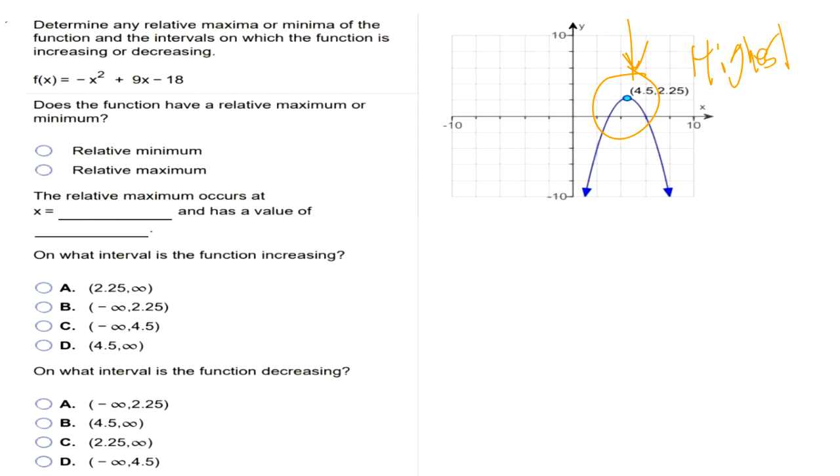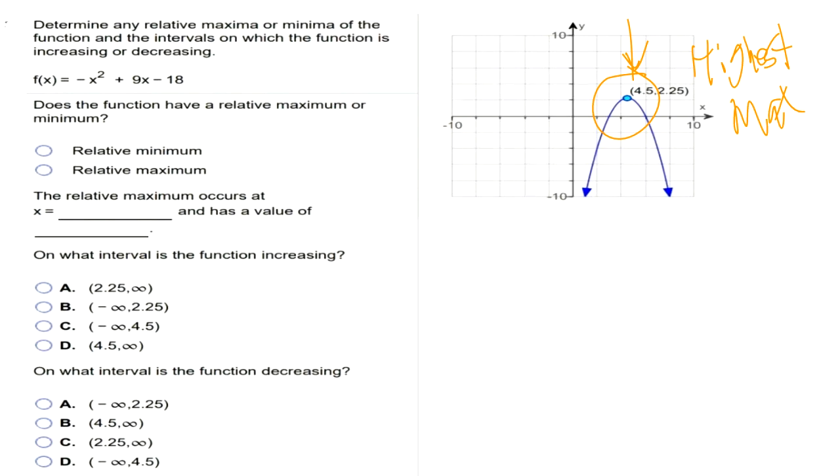So this is my maximum point. And remember that I plotted at y, so I only need the y coordinate. But like I told you before, my math lab has a basic format.